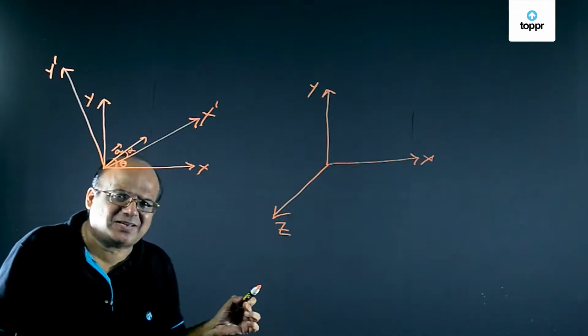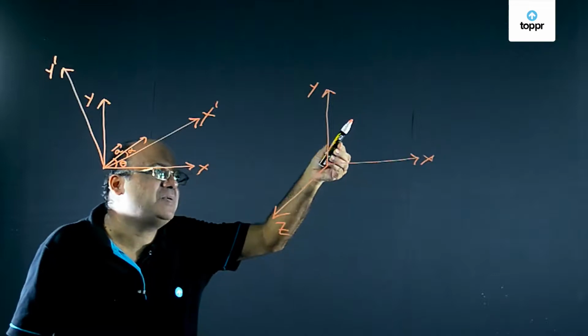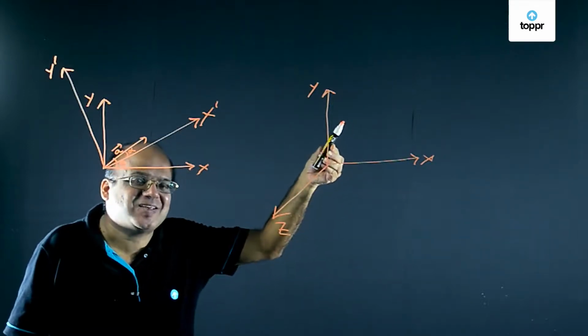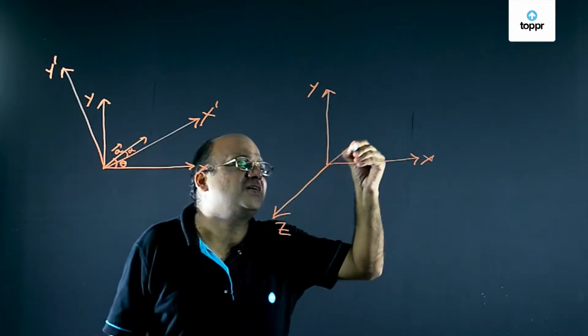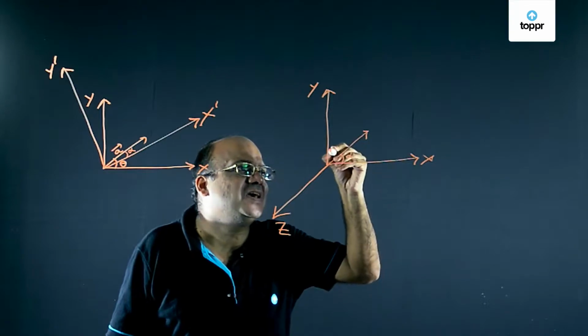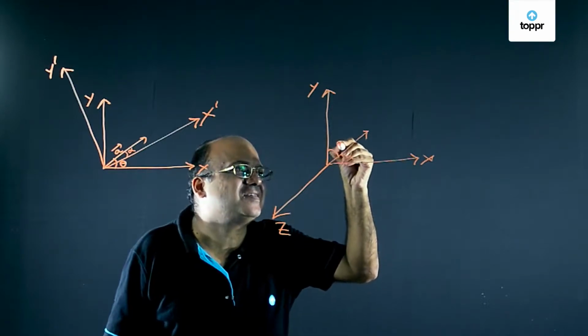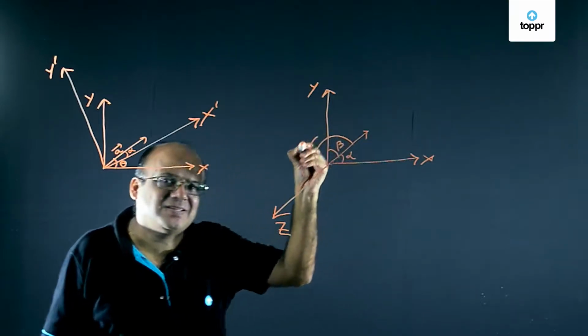Now this P vector is not on the xy plane. P vector is in the 3D space. So this P vector makes some angle alpha with the x-axis, beta with the y-axis, and gamma with the z-axis.